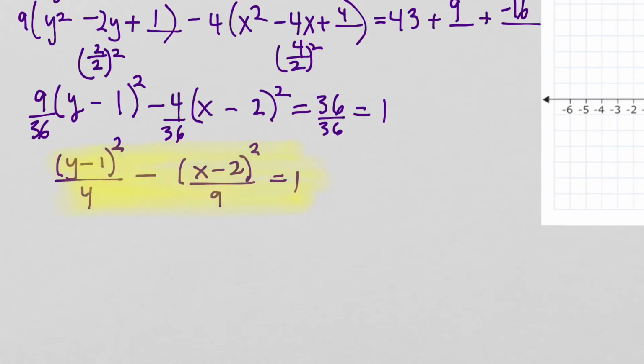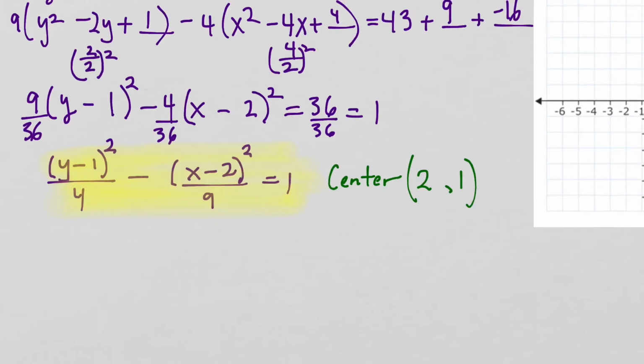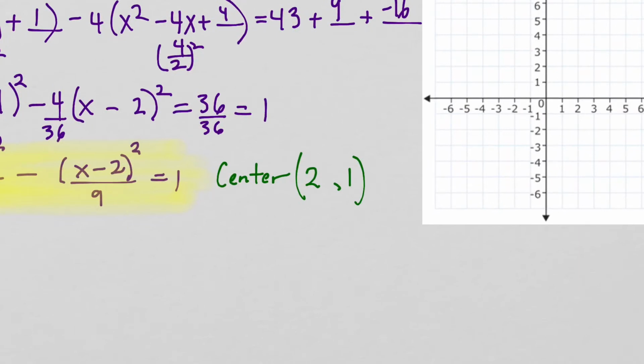So from here, I get that my center is 2, 1. Looking at right translation, 2, that's positive, and a right translation, 1, that's positive. So let's put my center over on my graph at 2, 1.